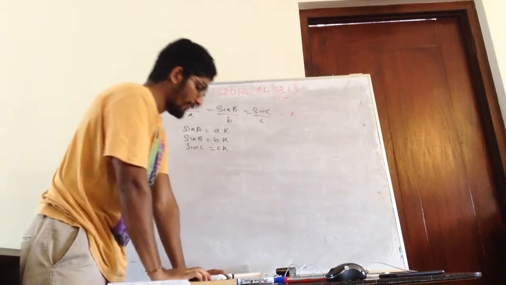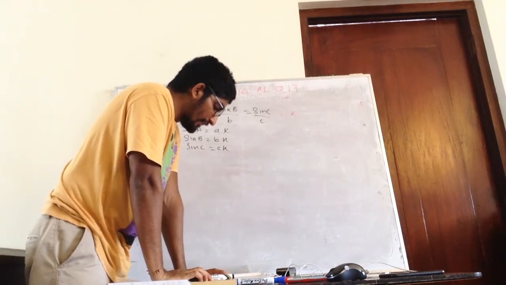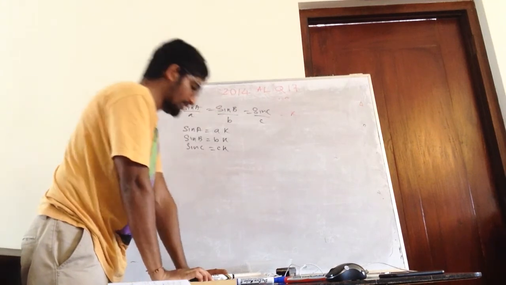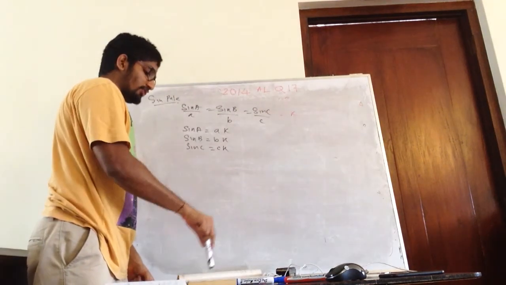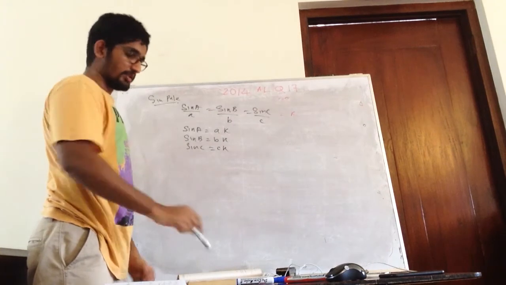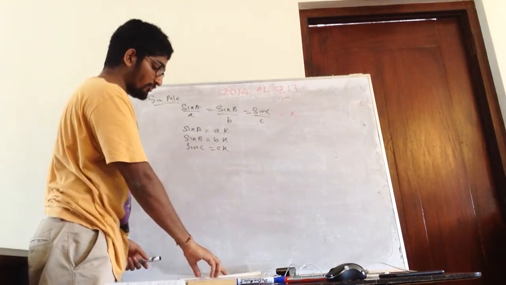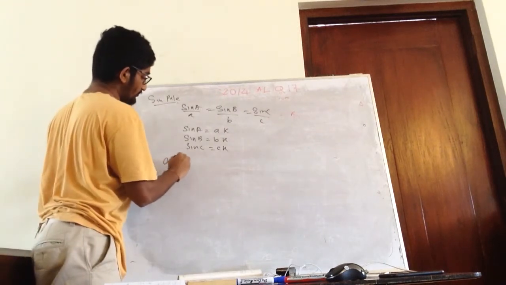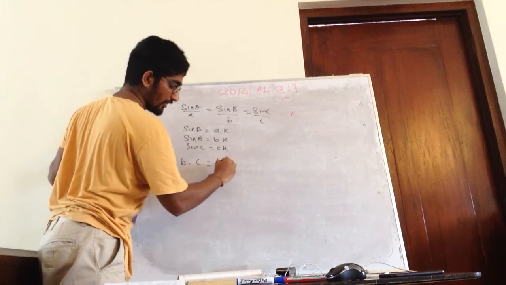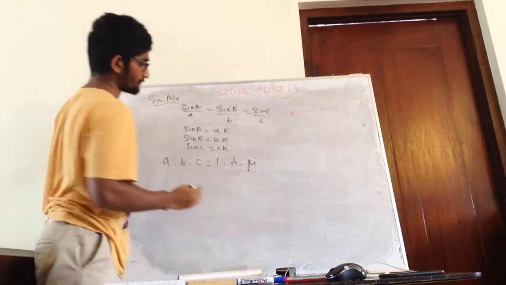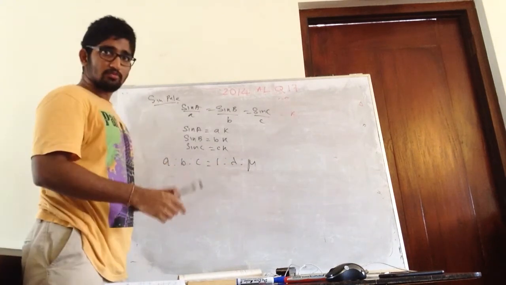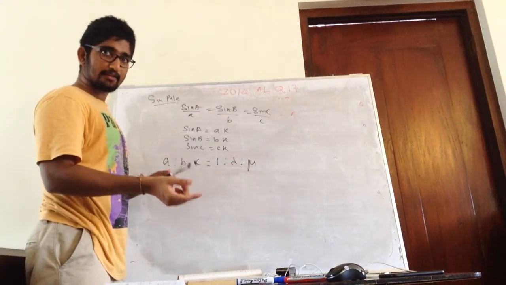Then they are saying ABC is a triangle in the usual notation, given that a to b to c ratio is a to lambda to mu, where lambda and mu are constants. So I'm going to write lambda and mu separately.